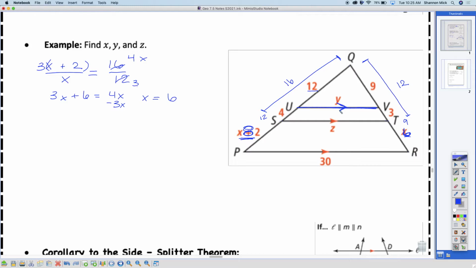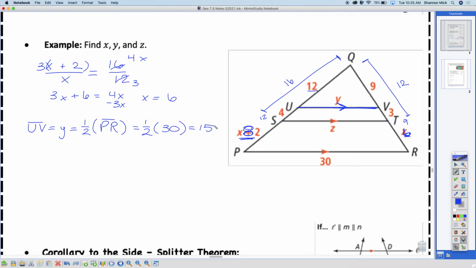So UV, which is Y, yes, is going to equal half of PR. So it's going to be half of 30, which is what? 15.